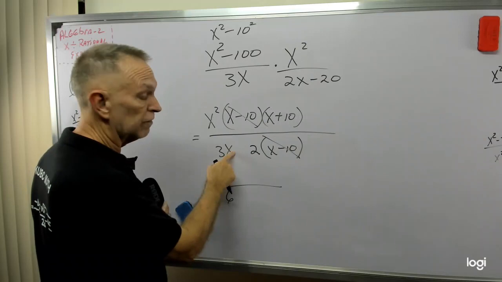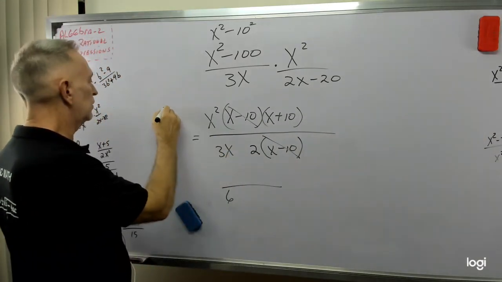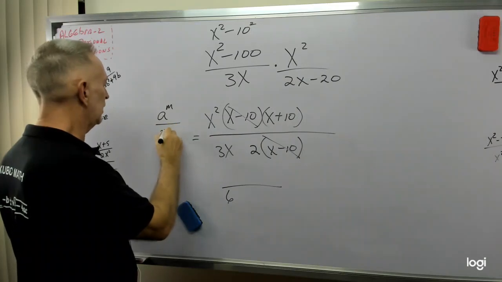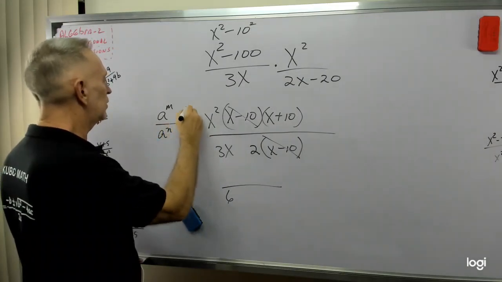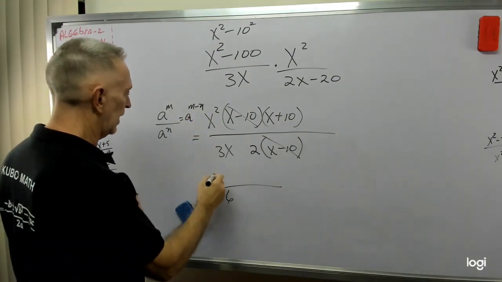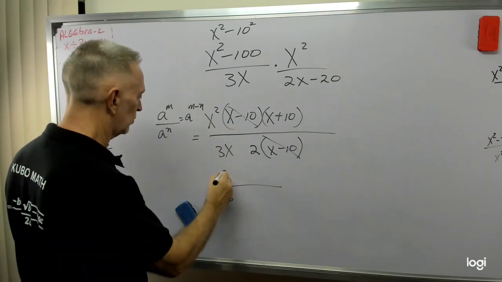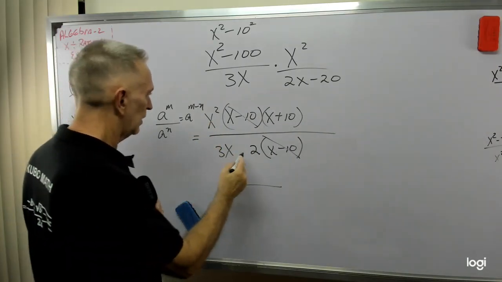x squared divided by x, so you know the rule. If I have a to the m divided by a to the n, it's a to the m minus n. So in this case, I have x to the 2 minus 1, which is 1, so just x.